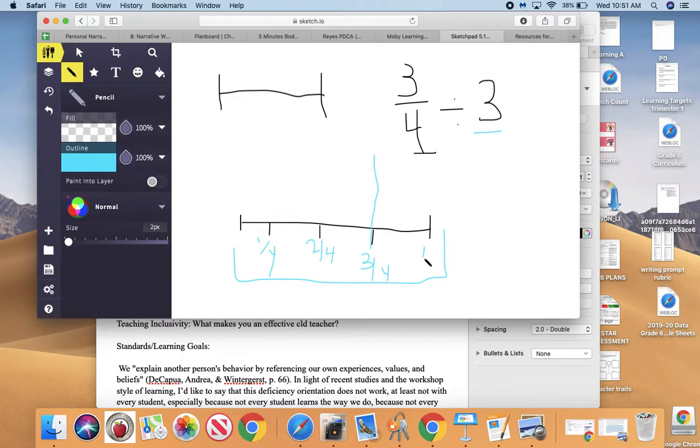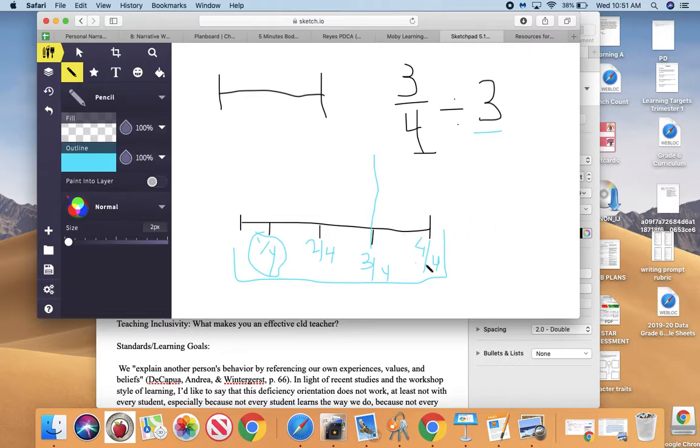And this one would be 4/4. Just to give you that picture on this one, but you won't need to know this one. So I have 1/4, 2/4, 3/4. Each section is worth 1/4. So that's my answer.